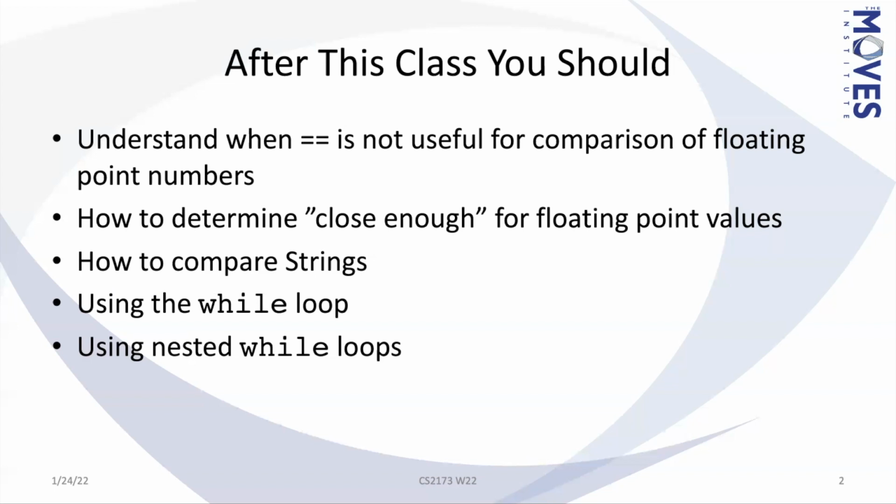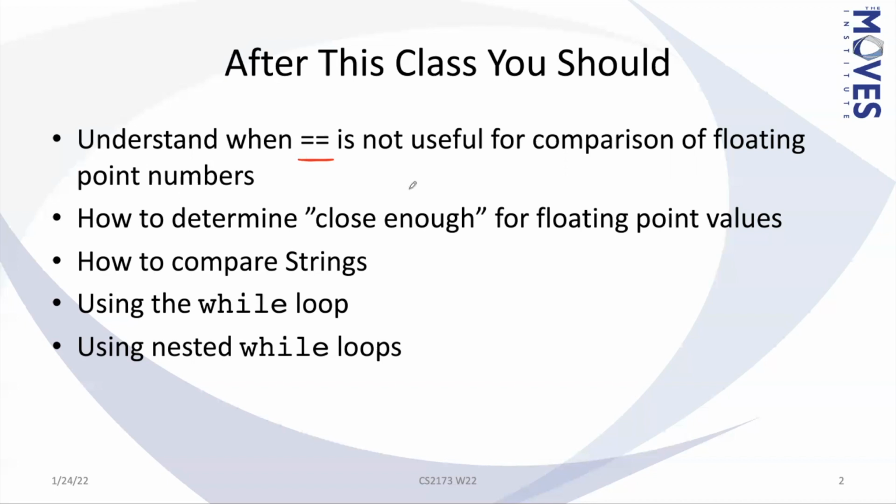And the first gotcha on this is floating point double equals. So we've seen the double equals is useful in some contexts, and it's important to understand when it is not useful.